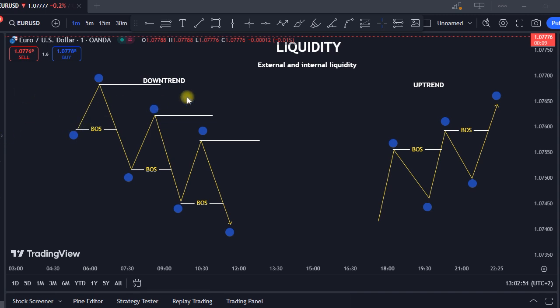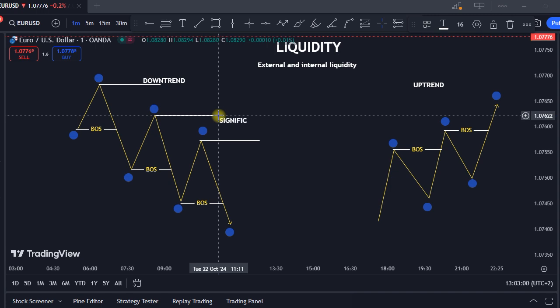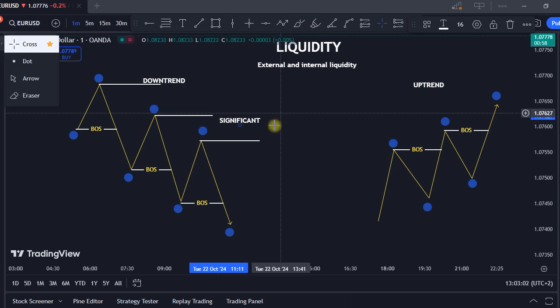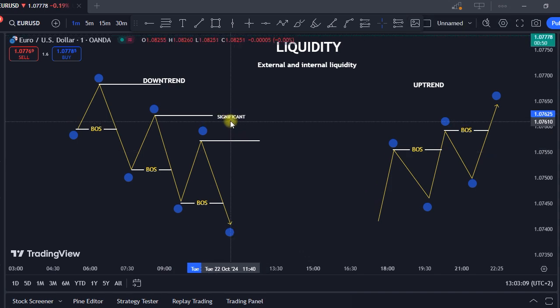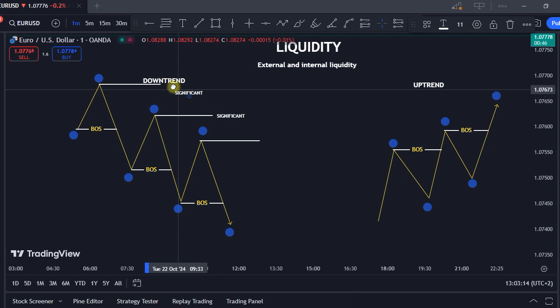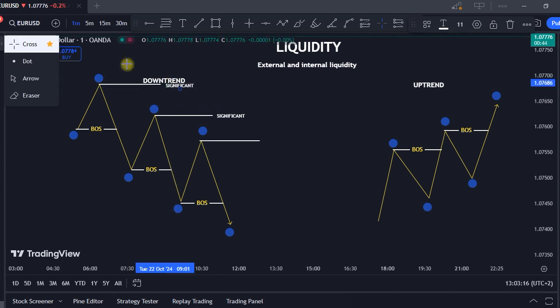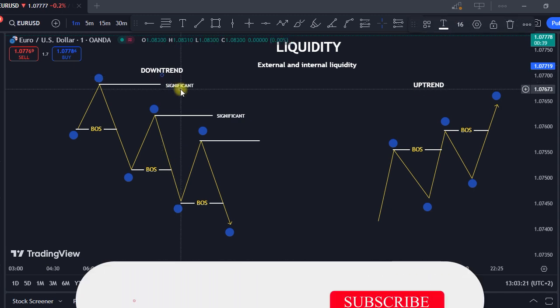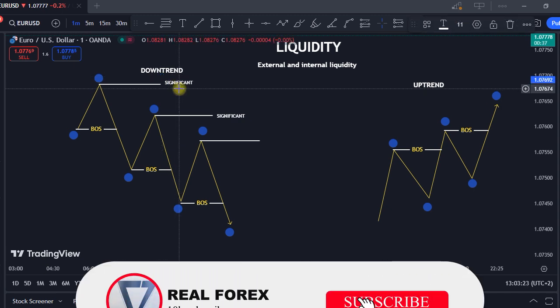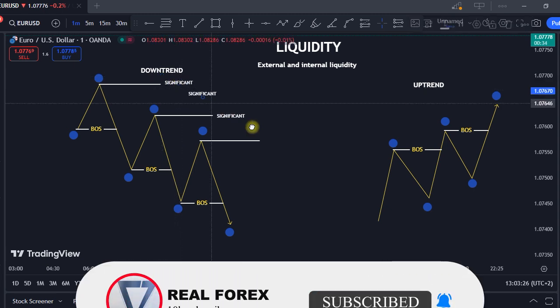So we can say that this is a significant high, that is a significant high, this is also a significant high, and again this is a significant high.